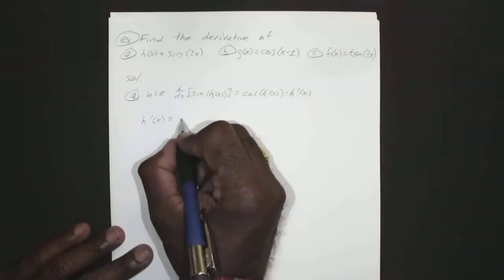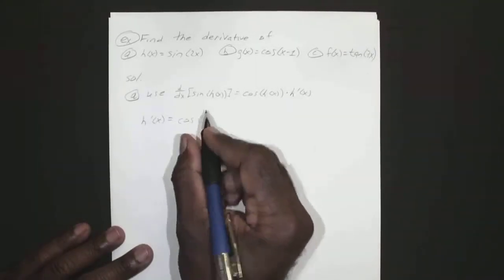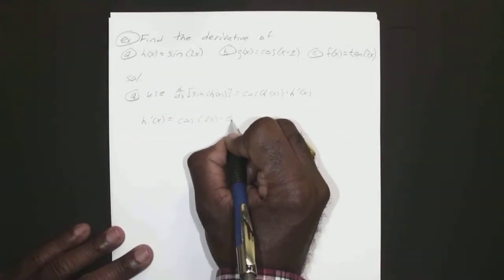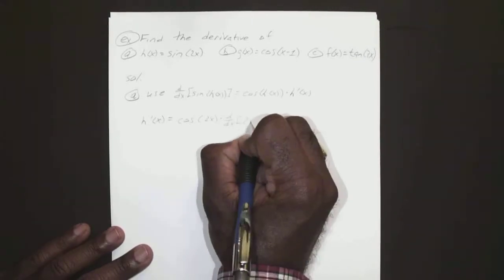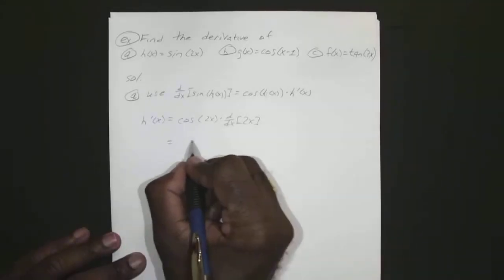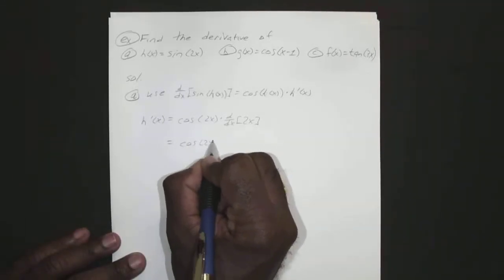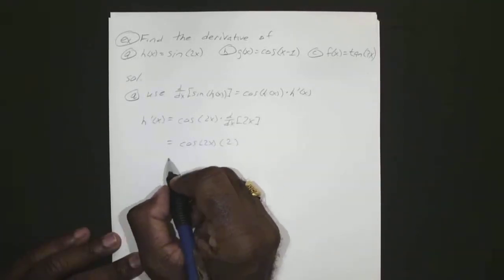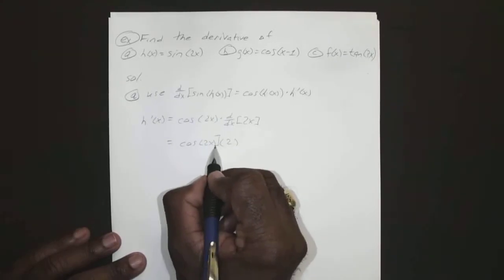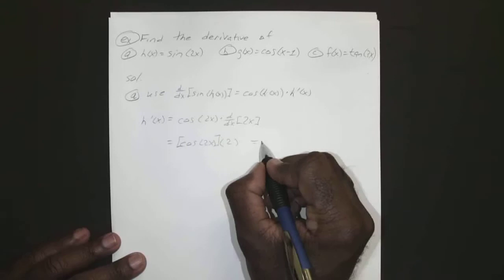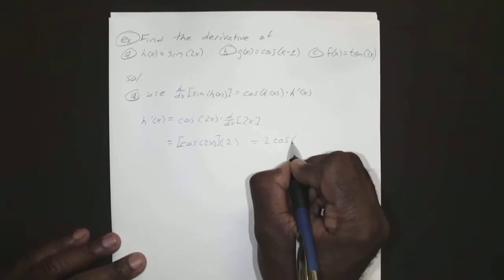So our h prime of x is going to equal cosine of 2x times the derivative of 2x. Okay, so that's going to equal cosine of 2x times 2. And remember, you don't multiply it by this because these are two separate factors. So this just becomes 2 cosine of 2x.